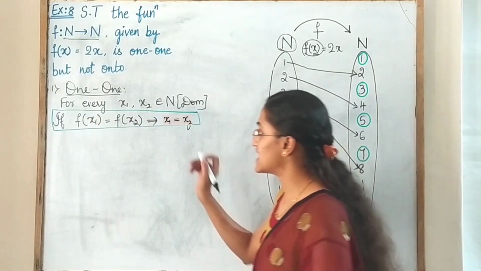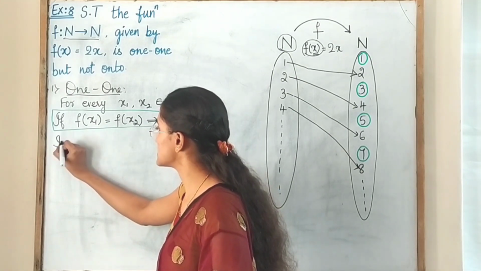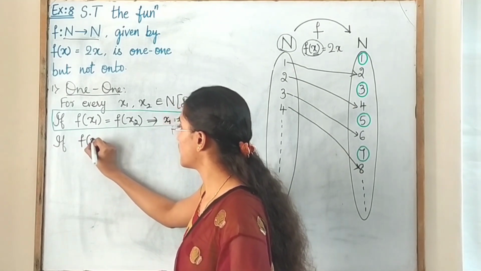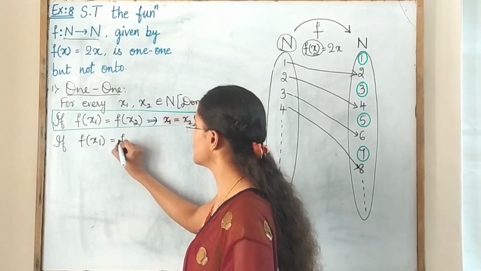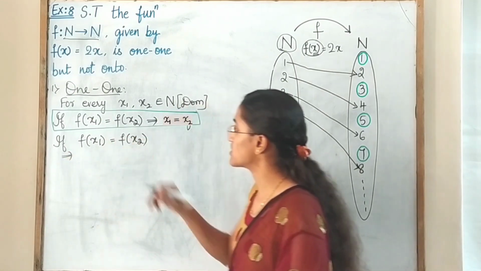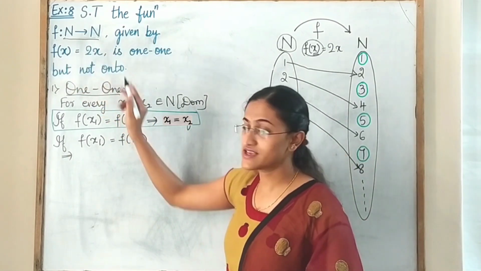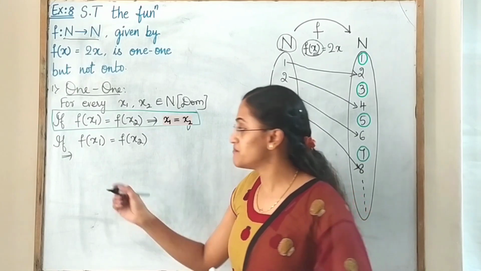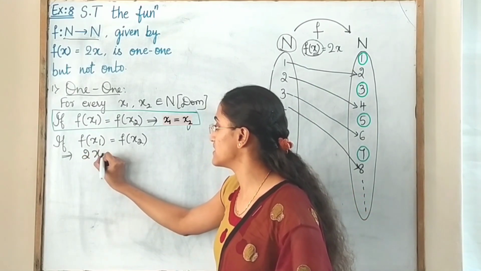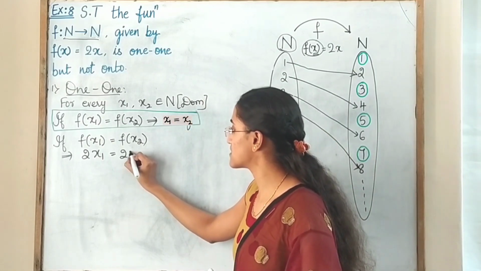Now we shall start solving this. According to the problem, we shall start with the first assumption. If f of x1 is equal to f of x2, then this implies that what is f of x1? You can check that f of x is 2x. Therefore, f of x1 will be 2x1. That's it. Then f of x2, 2x2.